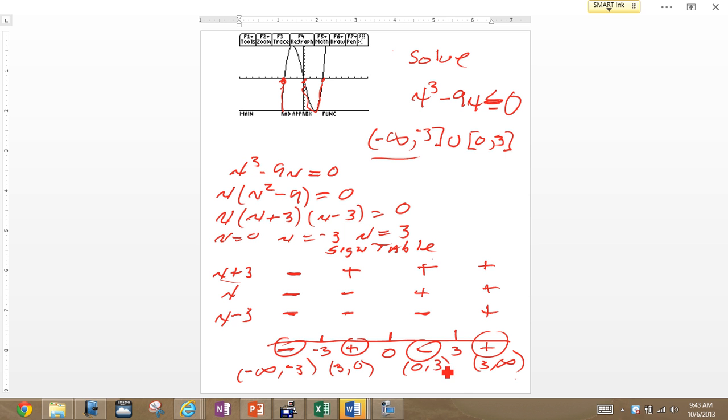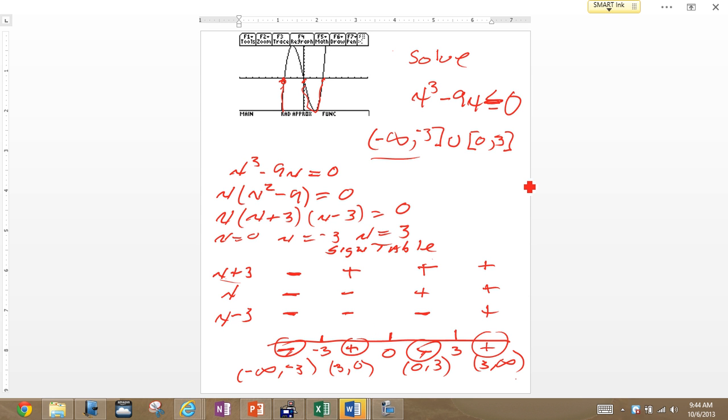So we identified the regions where the graph is below the x-axis, in these two, as was established with the graph. And we also identified the regions where it is positive, which is above the x-axis.